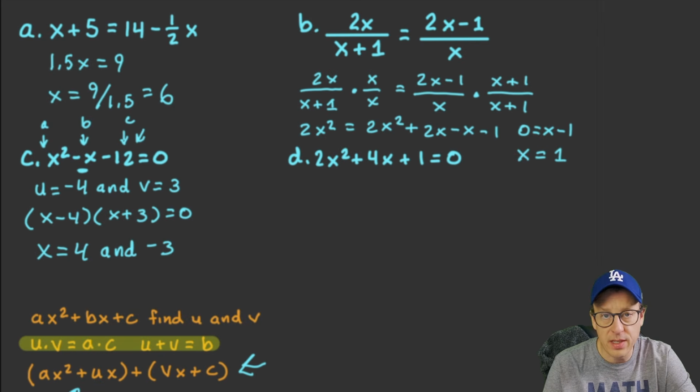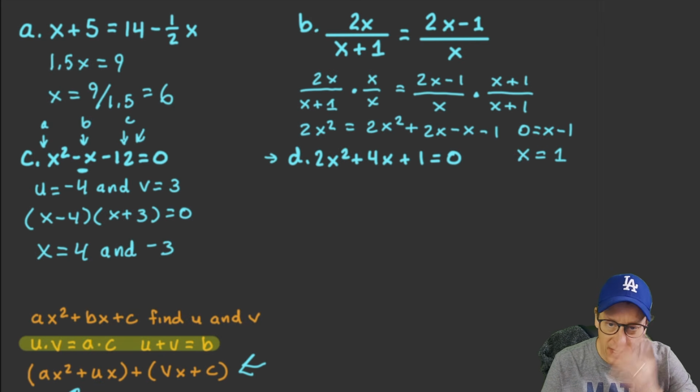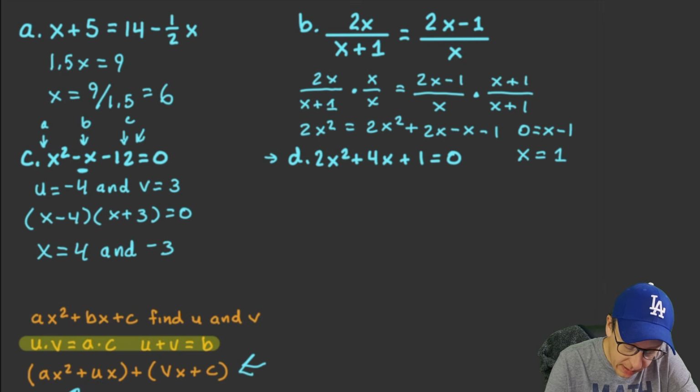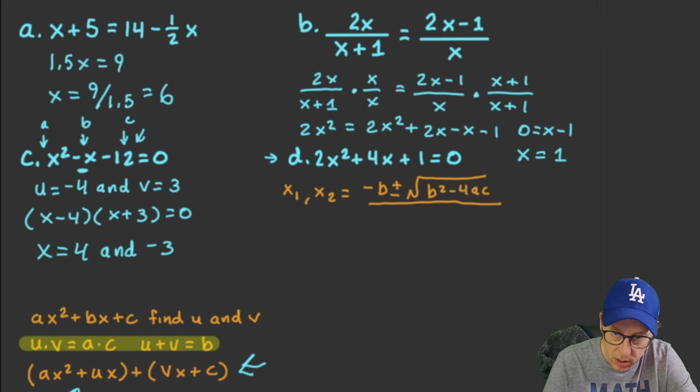To solve this next one, we're going to use the quadratic formula. It says that if you have two values for x, x1 and x2, they are equal to -b plus or minus the square root of b squared minus 4ac, over 2a.